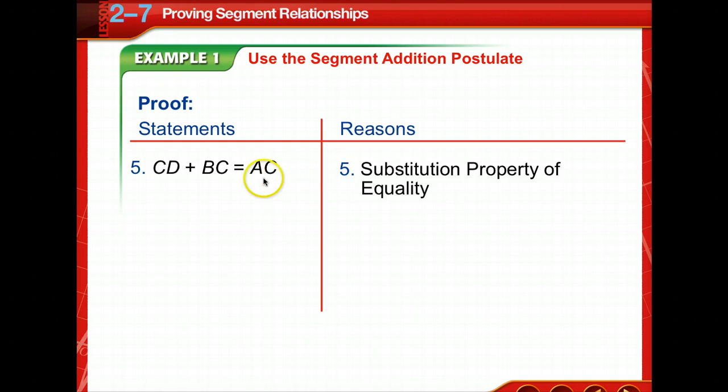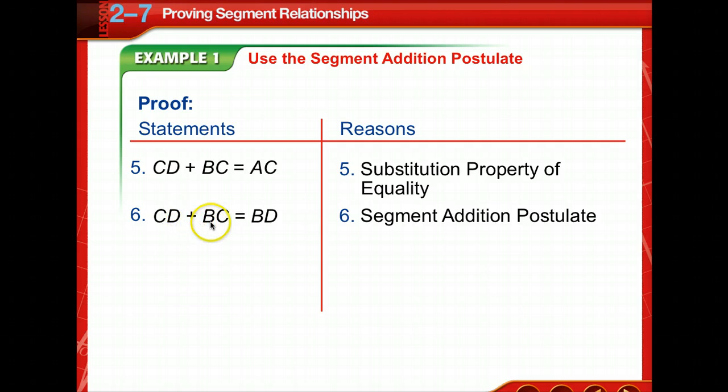We're replacing AB with CD, because previously it said AB plus BC equals AC. And we're also told on the second step that AB is equal to CD, so we're able just to substitute CD in place of AB.